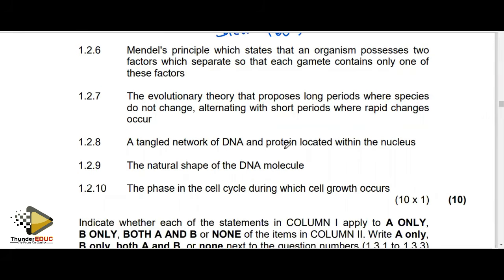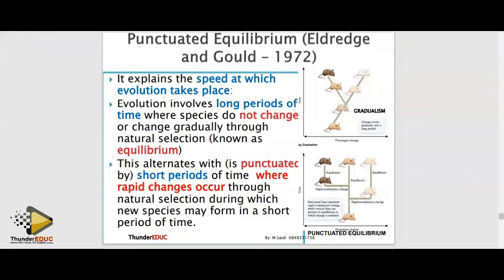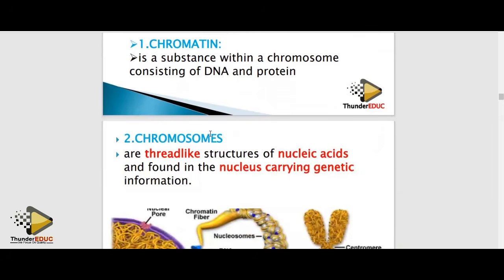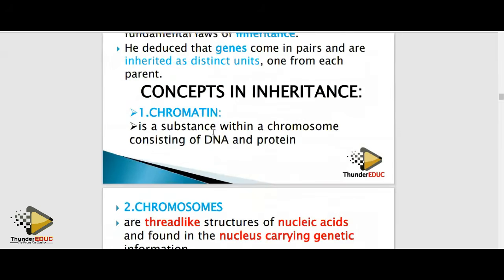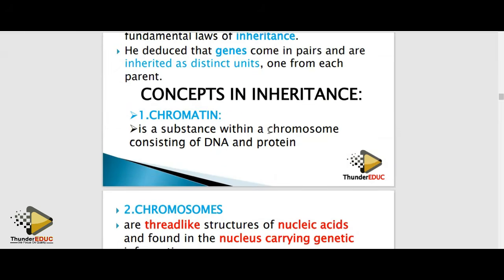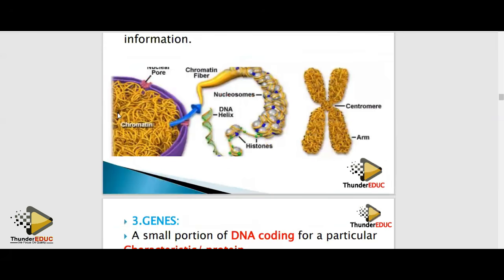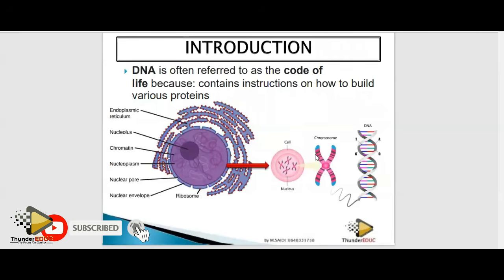A tangled network of DNA and protein located in the nucleus. This is the chromatin network. Let's see where we find it. Yeah, we can find it here. Chromatin is a substance within the chromosome that consists of DNA and protein. If you look at it, it is a network. If you go back to DNA replication, you'll find it again.